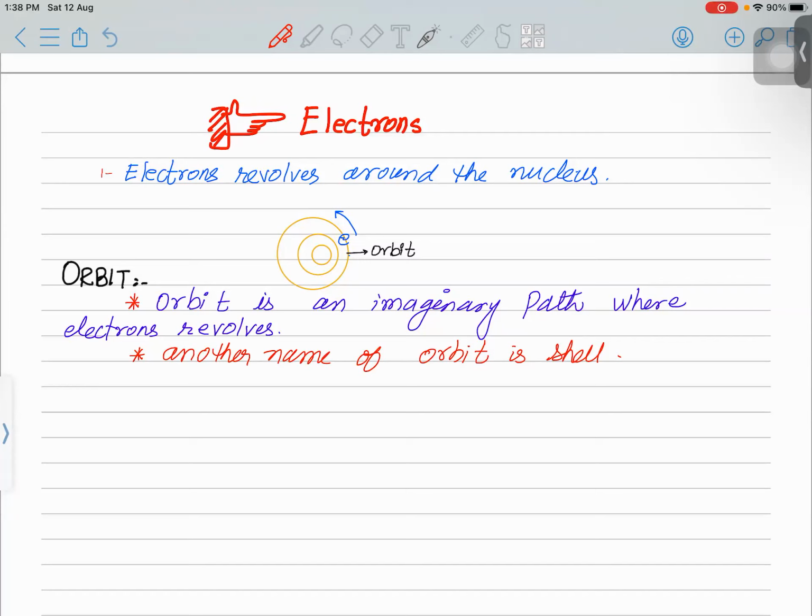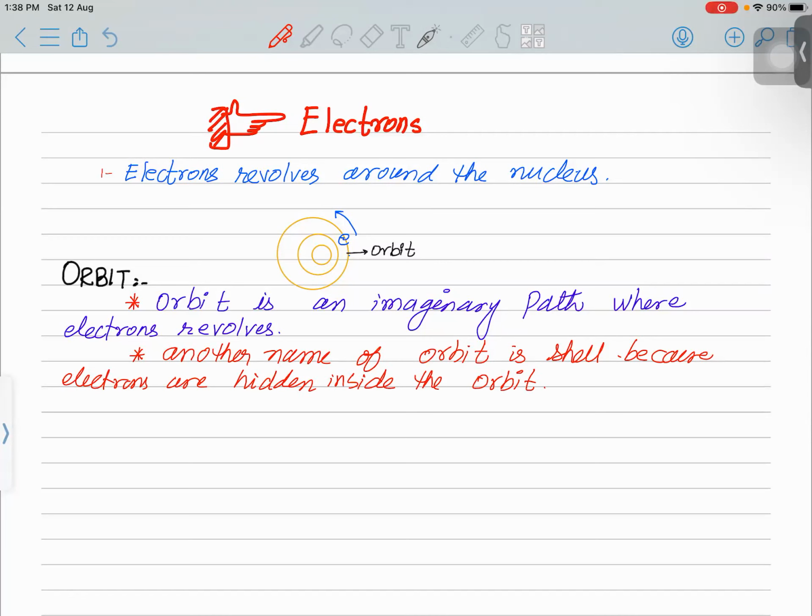You know that a shell is a place where something hides, right? Electrons are hidden inside the orbit. That's why it is called a shell.